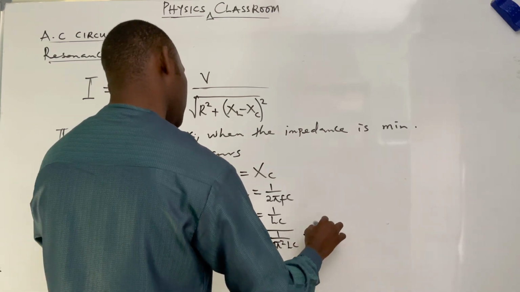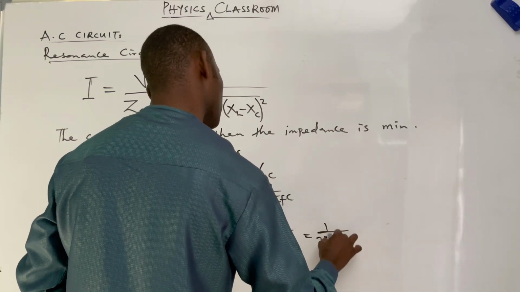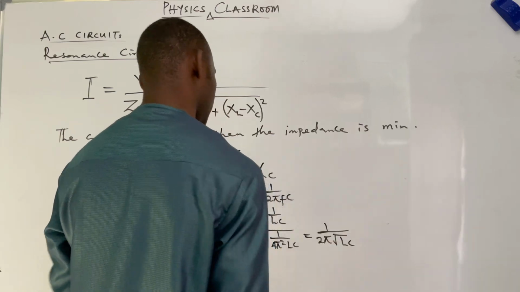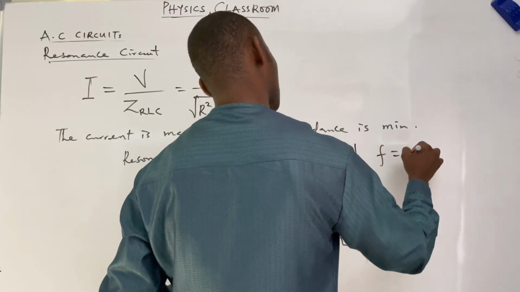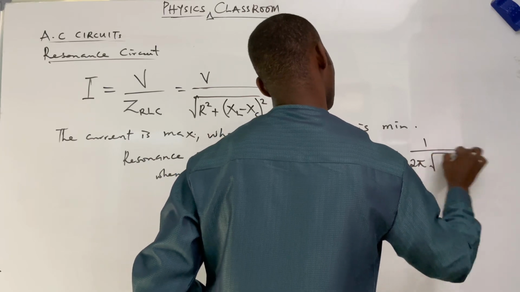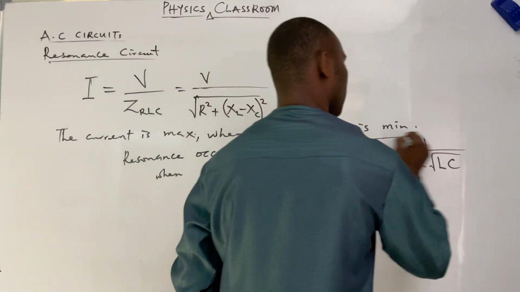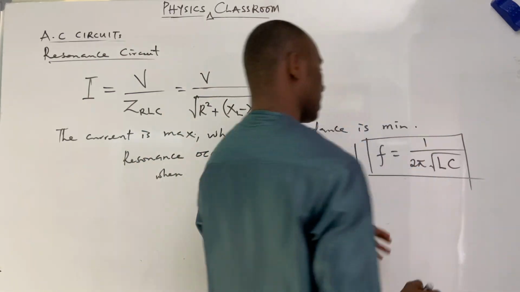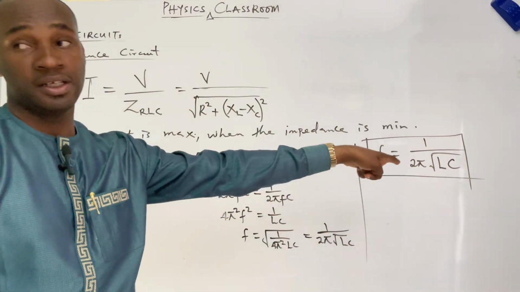And that will be 1 all over 2 pi root LC. We can now say resonance frequency is equal to 1 all over 2 pi root of LC. So this is the formula that we can use to calculate resonance frequency. Please take note, this is very important.